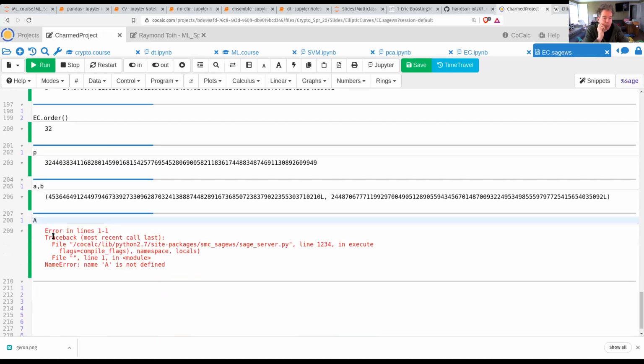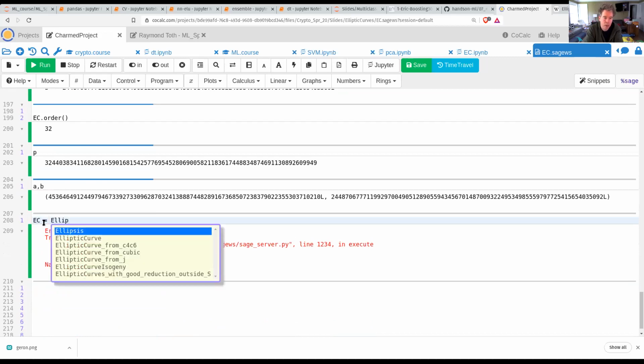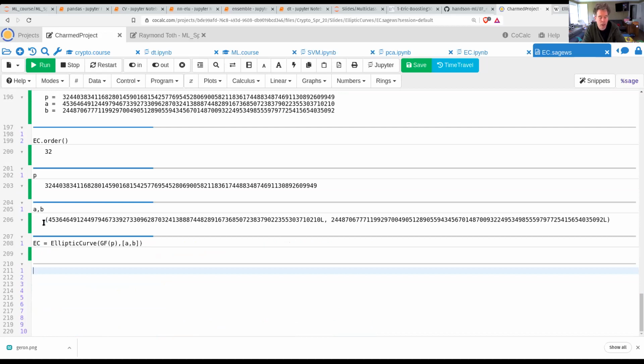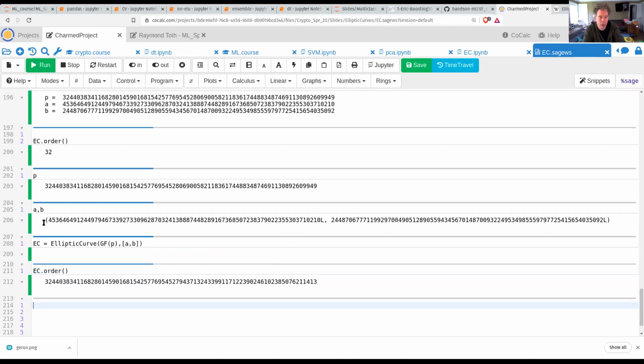So we can just make a new elliptic curve. EC is EllipticCurve, and the field that it's over is going to be GF(p), and then the parameters are a and b. And right, so the EC order is that, and is it prime?